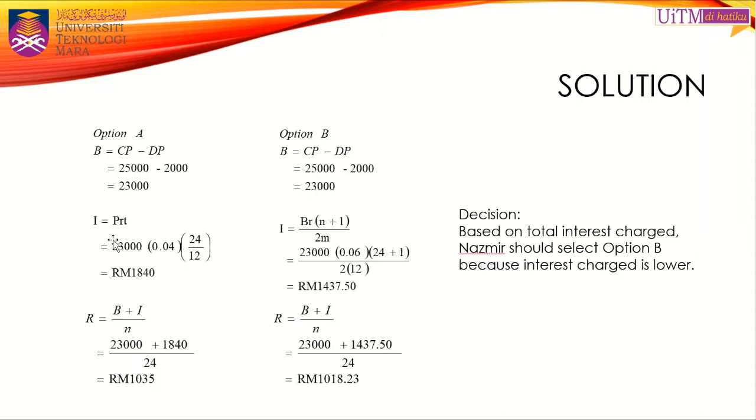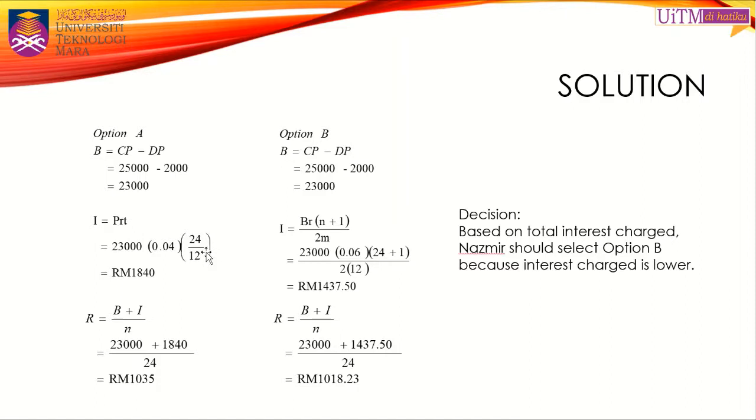With that in mind, you know that you have to use the simple interest formula to calculate the interest. So using the simple interest formula, I equal to PRT, replacing P with the balance, that is 23,000, the rate 0.04, which is 4%, and the time, T, is equal to 24 divided by 12.